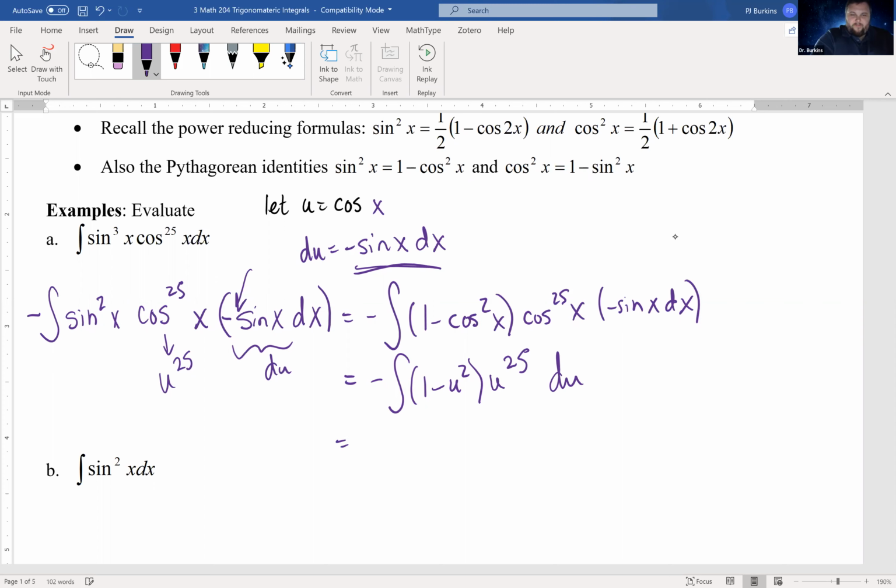And we can continue from there. So this is going to be u to the 25th minus u to the 27th. And if we wanted, we could even take that negative back inside and make it u to the 27th minus u to the 25th.